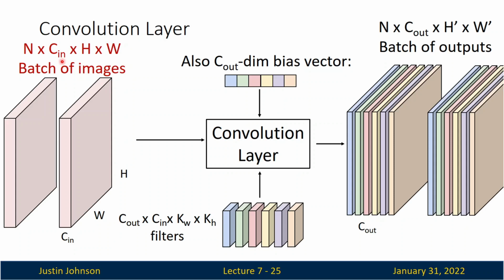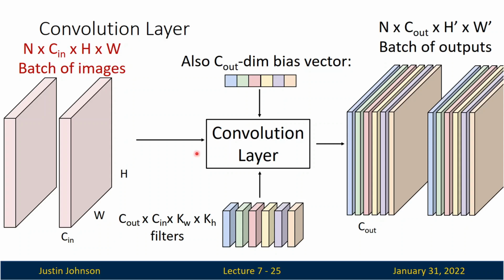However, no matter for the input image or the hidden layers in our network, we can assume the input of the layer has n images, and each of them has C-in channels, and the size of those images is height times width.